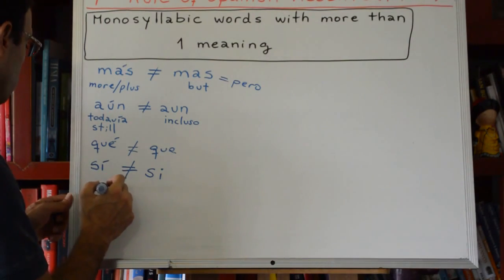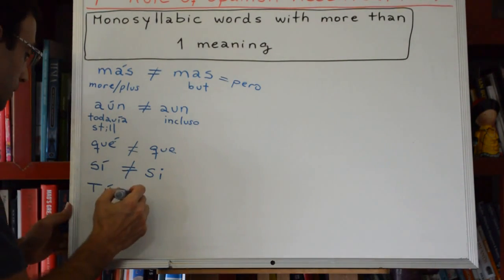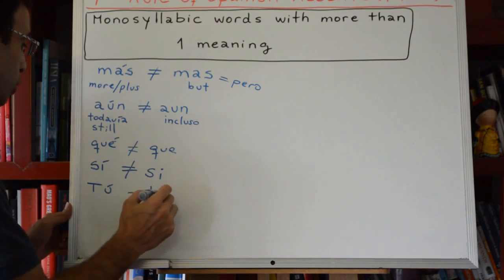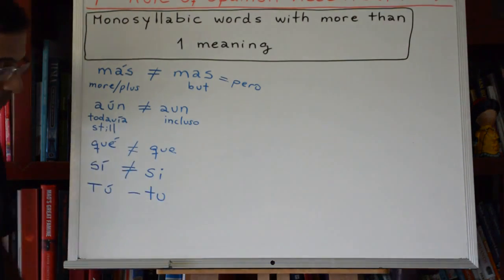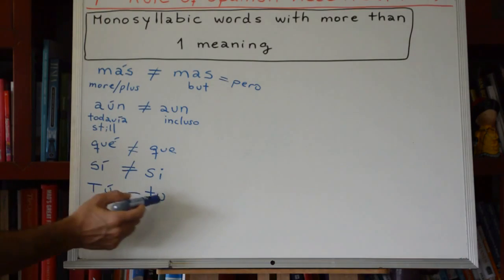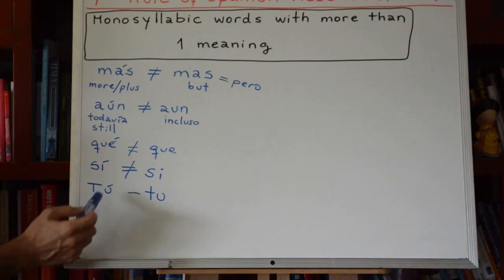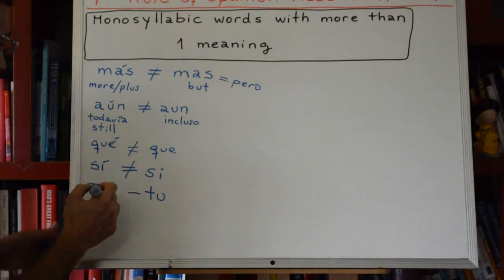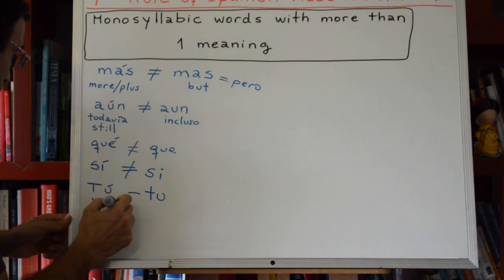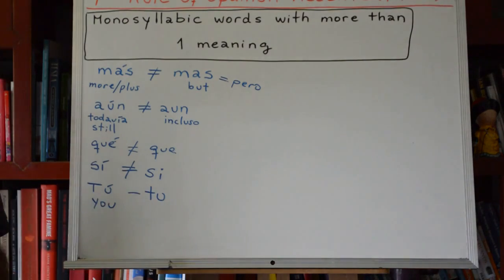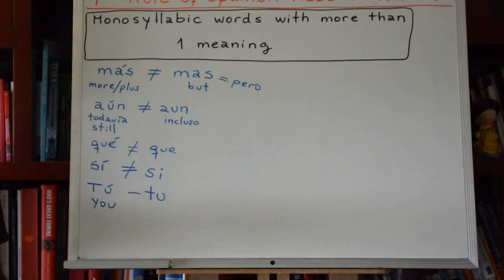El pronombre tú y el pronombre posesivo tu. So, tú and tu, same pronunciation. Tú with a tilde means you, right? The subject pronoun you. For example, you said this.